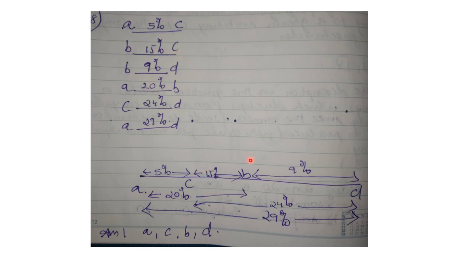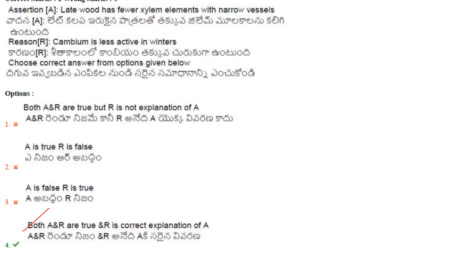So B should come after C. So here it will be 15%, and A and B will be 20%. So A, C, B, D. So the answer here is option 1, that is A, C, B and D.